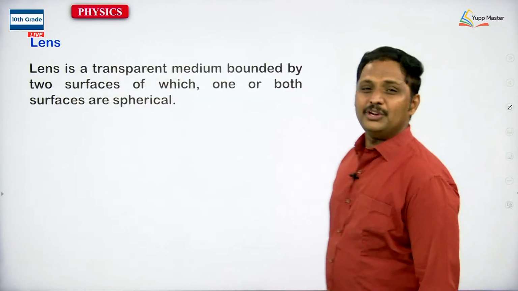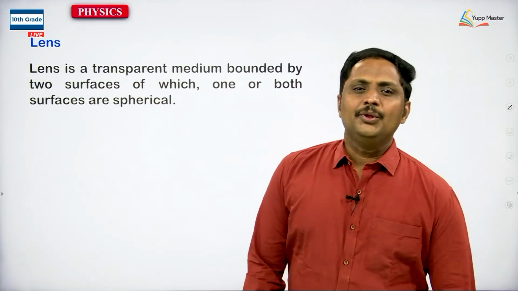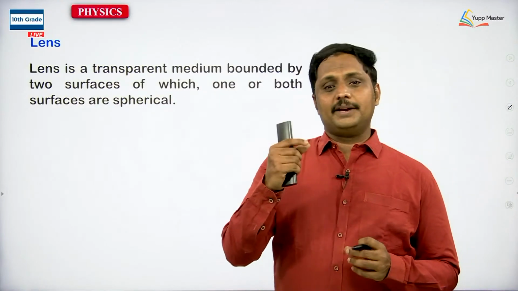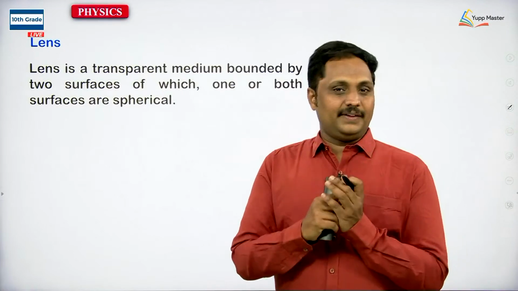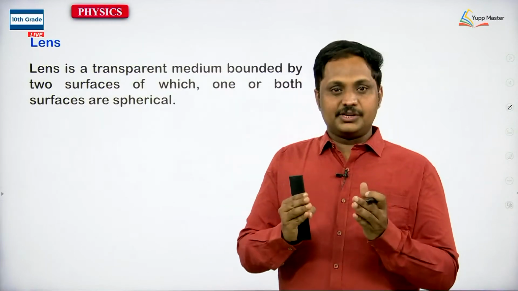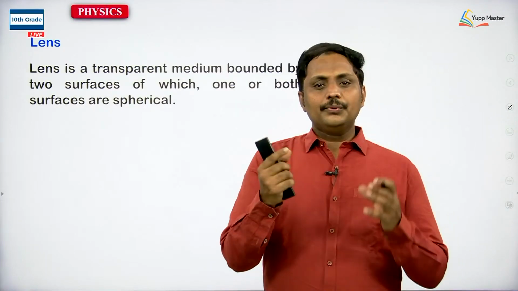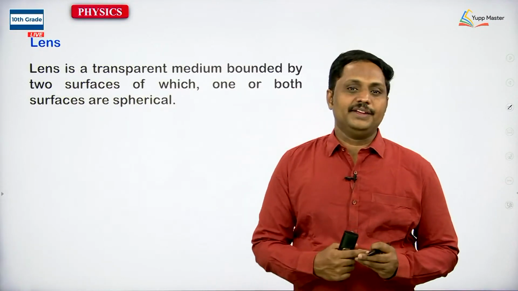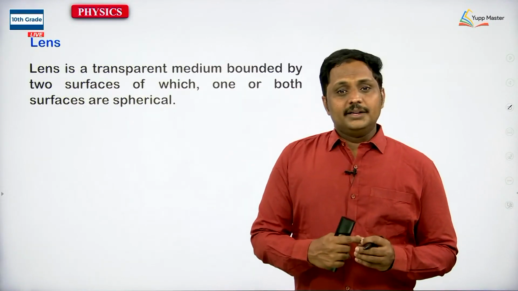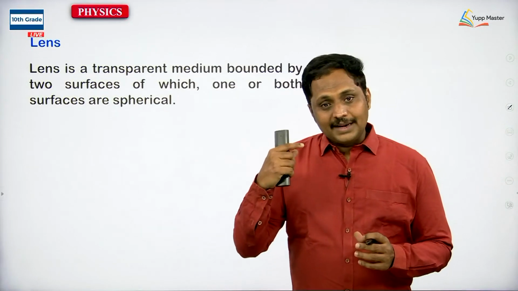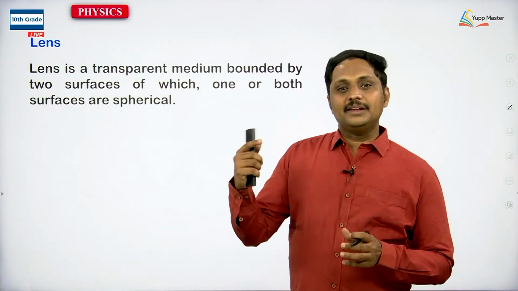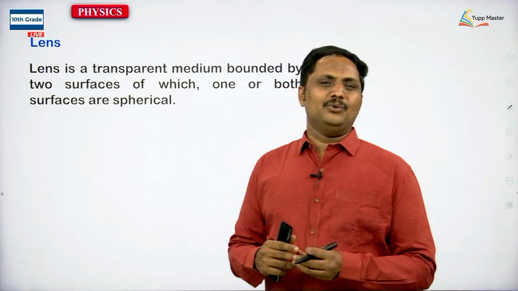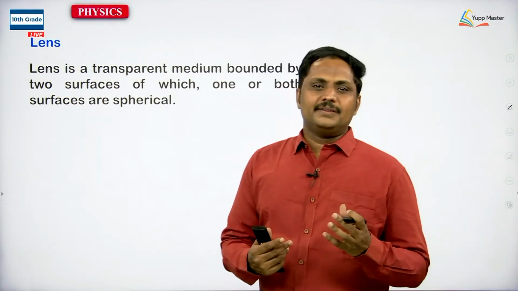If we talk about a lens, it has two curved transparent surfaces. If two surfaces are joined together with less thickness, and one is a plane surface and one is a curved surface, that is the Plano convex.